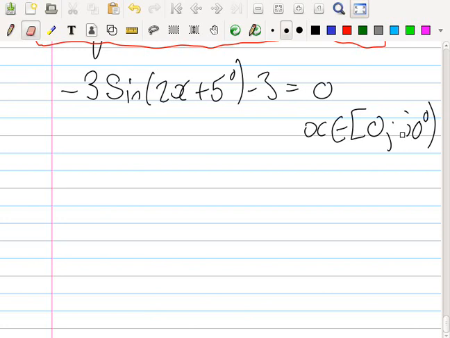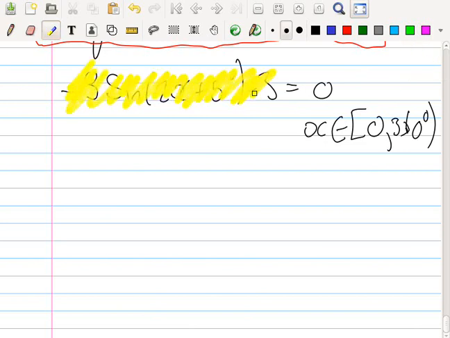So I give you 360. I give you this equation here. Now, sine by itself has two answers.